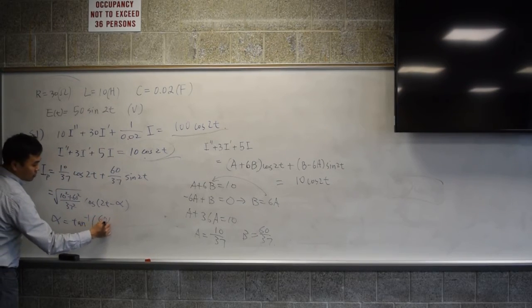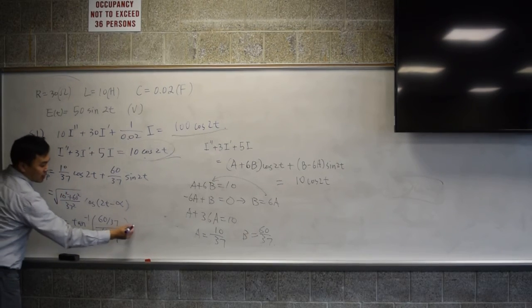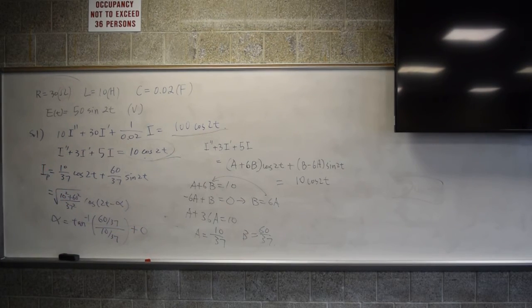So it's 60 over 37 divided by 10 over 37. Since these are both positive, you don't have to add anything. That's the angle by which the current will be lagging. Actually, this will be something positive, so current will be certain degrees ahead of the voltage. So that will be the phase angle. If alpha is positive, it will be leading, and if this is negative, it will be lagging.